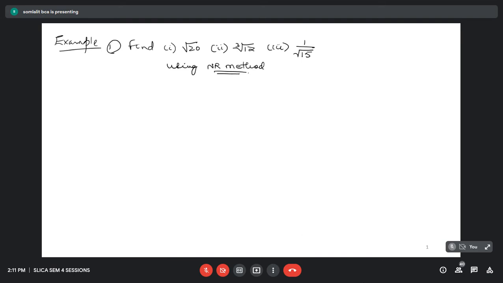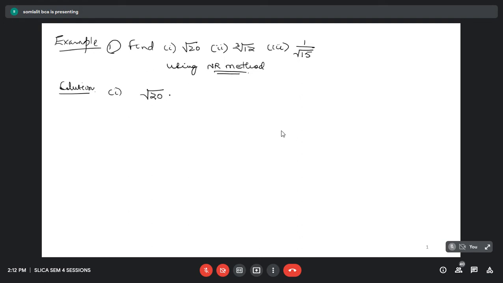Okay. So what we'll do, we just form the equation, and then as we were doing earlier, we use Newton-Raphson method. For example, for the first one here, let's see how to get the square root of 20. So here you're asked for this square root of 20.